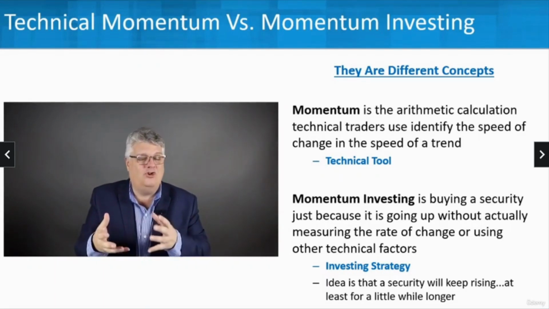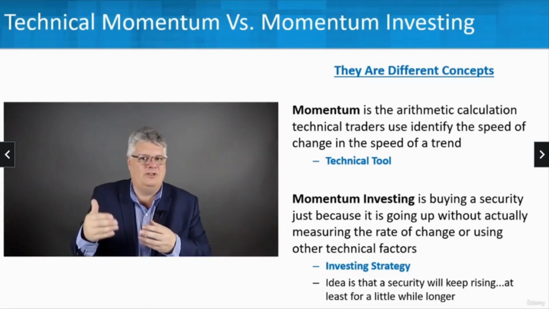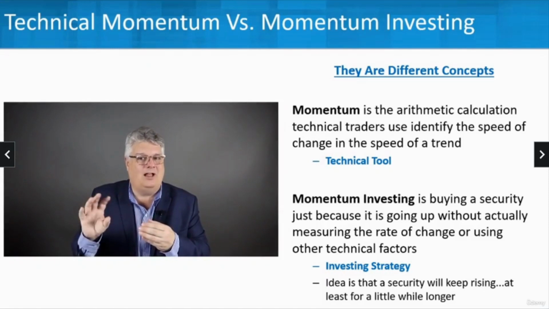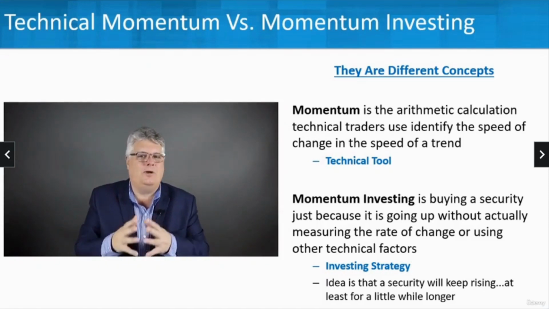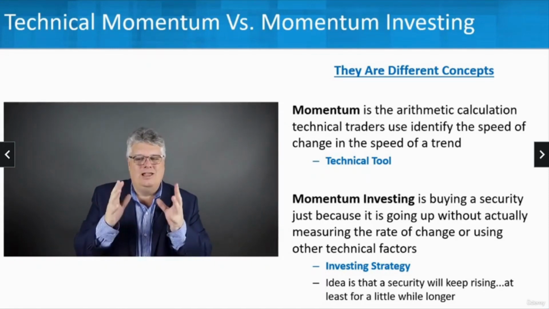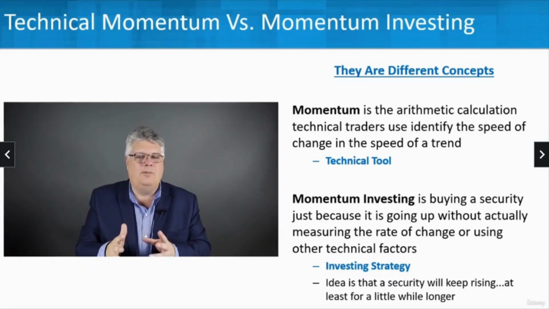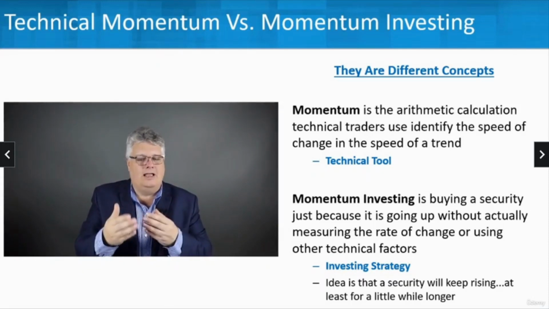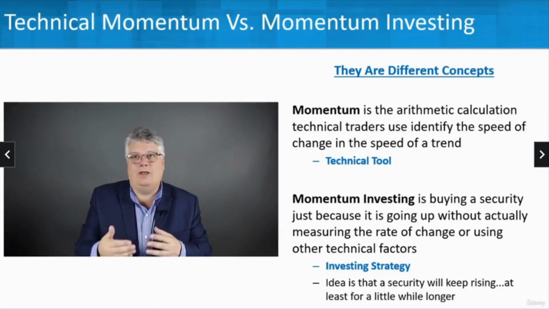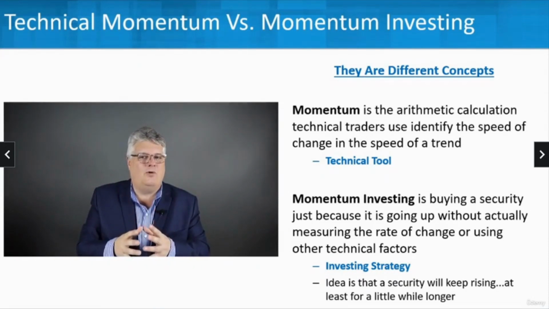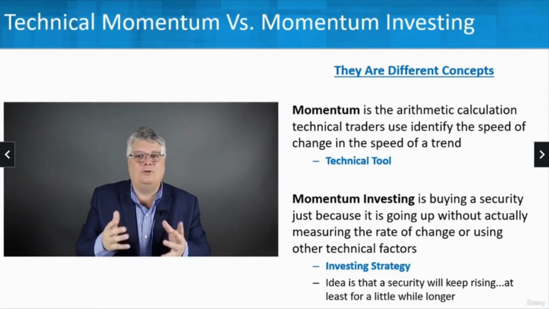You could actually be a momentum investor and then try to use technical trading to identify that sell point, which might be a way to do it, but they are two different things. So if you're thinking, oh, momentum means I'm going to be a momentum investor, not at all. It's a tool that you can use with any type of investing strategy or trading strategy, and just think of it more as a technical analysis aspect, that momentum is a tool to help us with our trading.